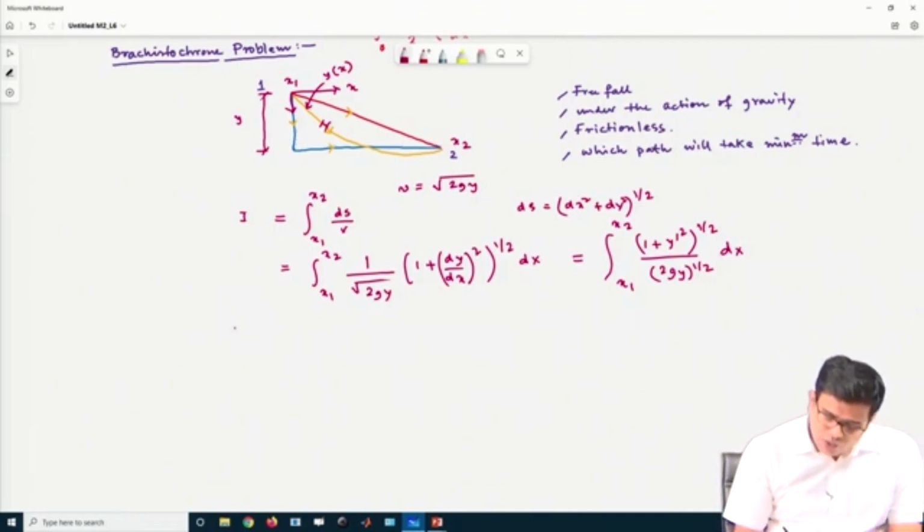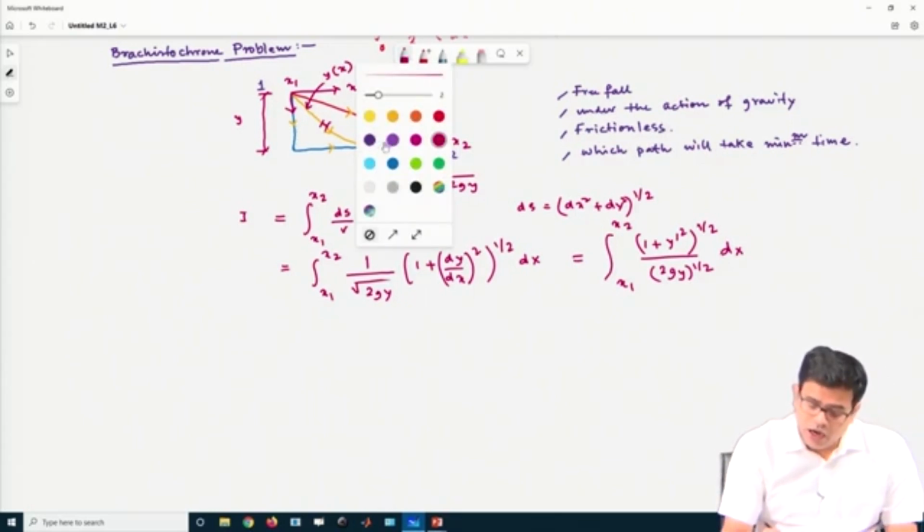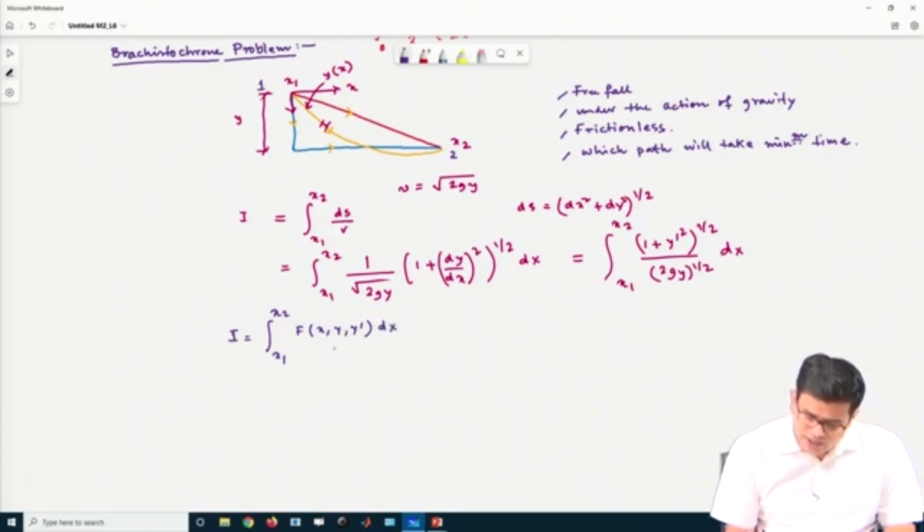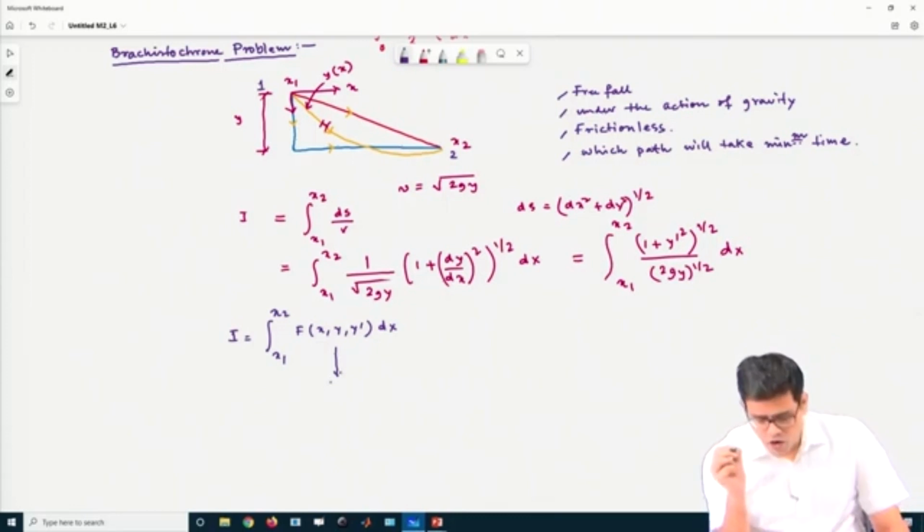Essentially we are looking for functionals, which are of this form: I is the integral from x1 to x2 of f of x, y and y prime. This integral expression is a function of functions, or functional, right?